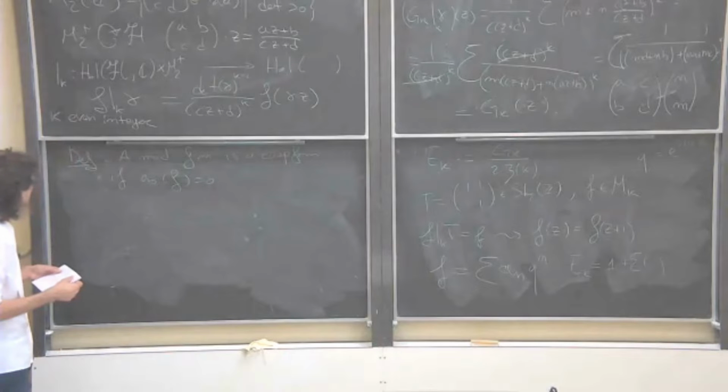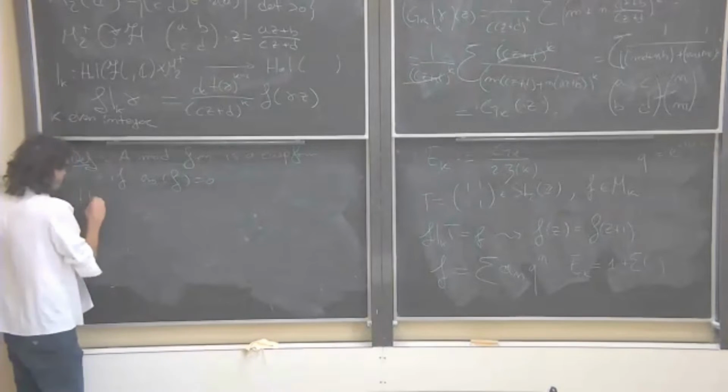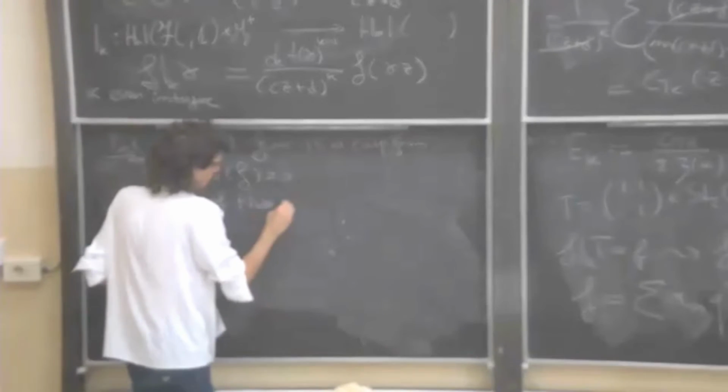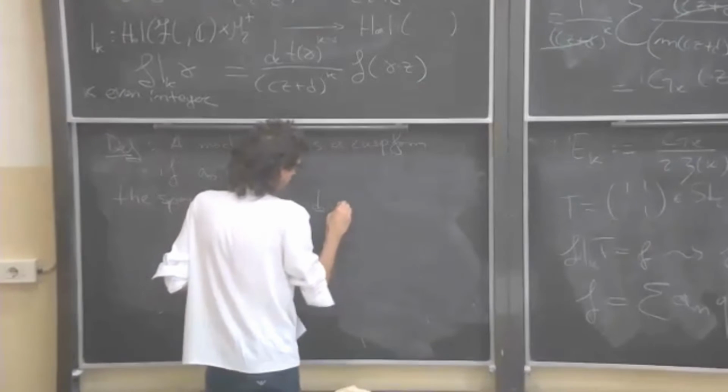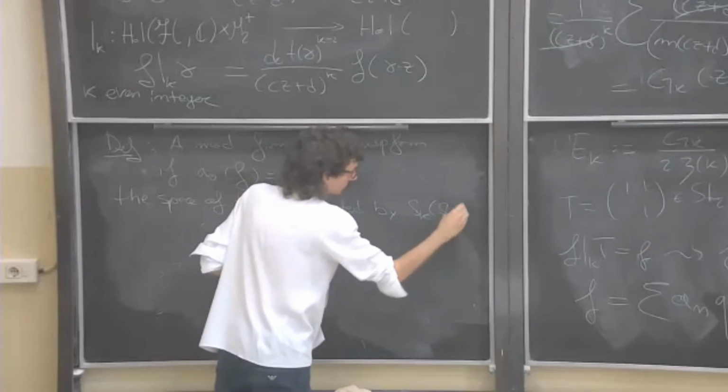Okay, in particular, we can now give an example of an element. The space of those is denoted by S_k, in this case of SL2(Z).